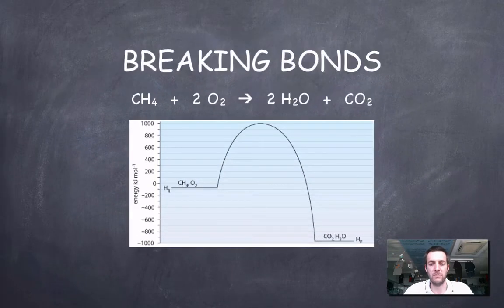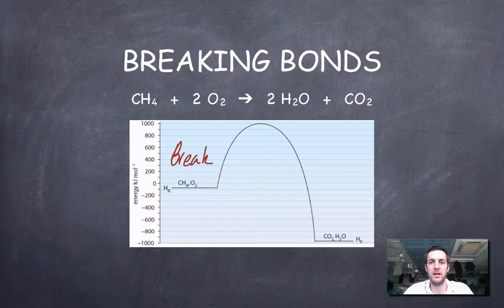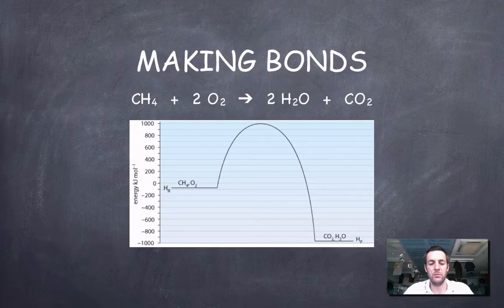What we can say, remember, is that to get across this hill, we've got to break up the bonds in our reactants. So we've got to break up all the bonds in the CH4 and the 2O2. We'll now end up with separate atoms. We'll be at the top of the hill. Once we've done that, we can then make new bonds, and we'll be making the bonds in our products here.